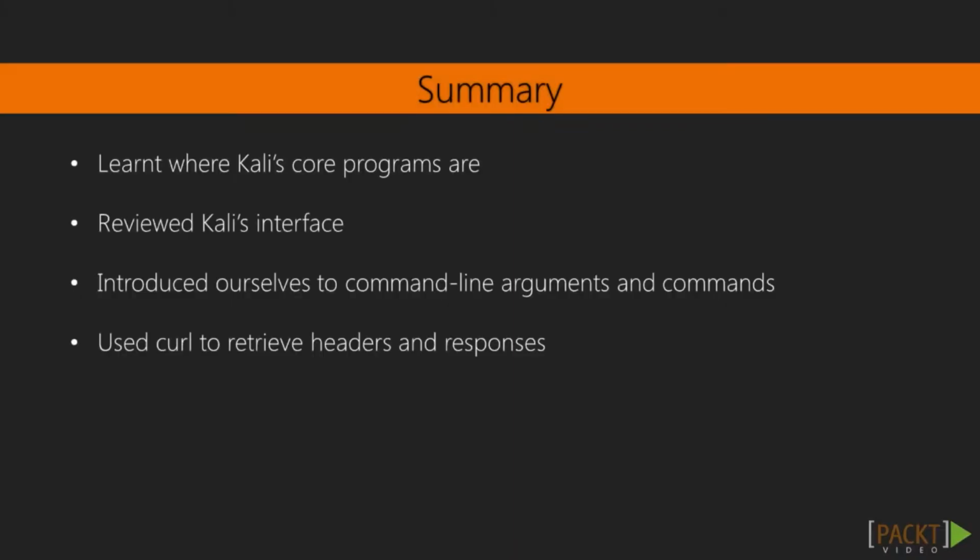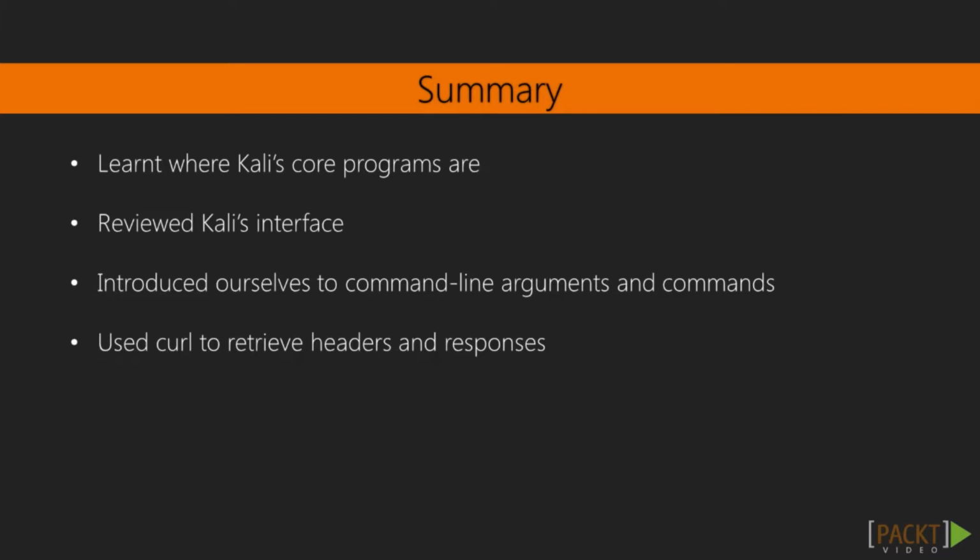So in this video we've learned where Kali's core programs are, the web applications. They're available in the top menu, unlike Windows, which is at the bottom. We reviewed Kali's interface, we had a little look into the console as well as the workspaces that are available to us, as well as the menu, and we also introduced ourselves to some command line arguments and commands.